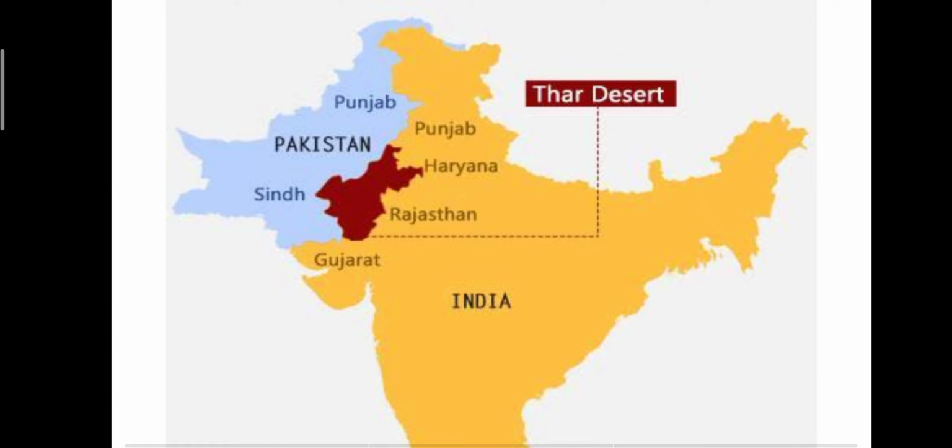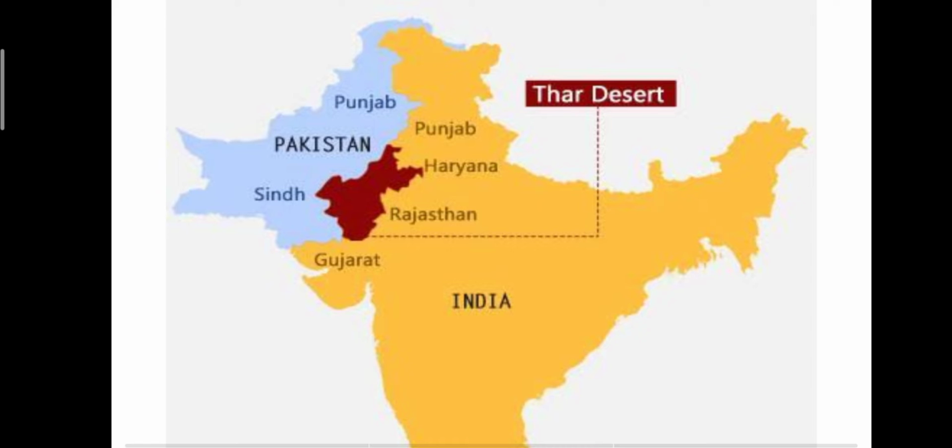The area in the red portion is the Thar Desert or the Great Indian Desert, and it mostly lies in Rajasthan. But some parts of this desert are also found in Punjab. So it covers some part of Punjab also, and Sindh.